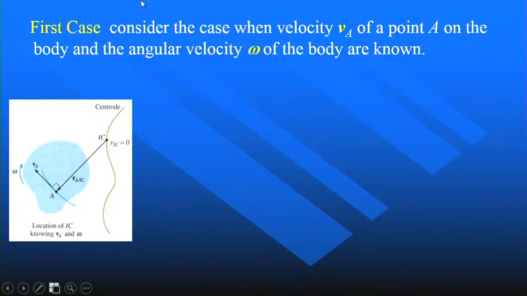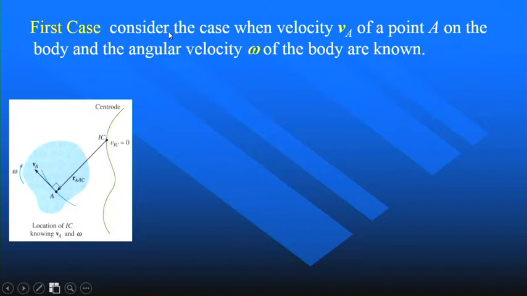Now let's come to the first case. In this diagram, we can see the object, a rigid body, moving in a planar motion. That means it both translates and rotates.